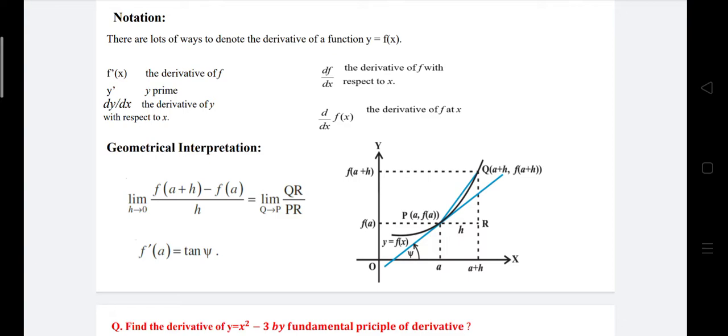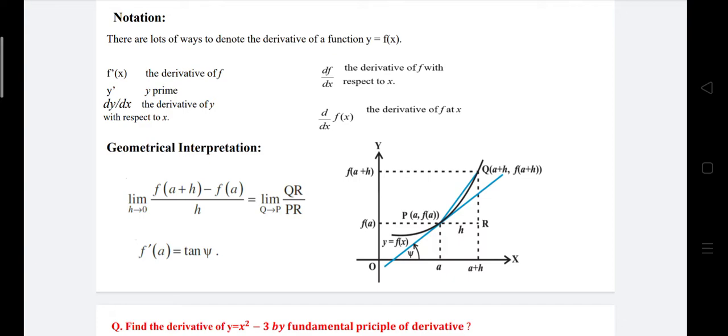Remember, dy by dx is not dy divided by dx in the usual sense; that should not be our priority and we will not focus on that division here. Here dy by dx means dy is the change in function and dx is the change in domain. Or df by dx, or d by dx of f of x. These are several notations.